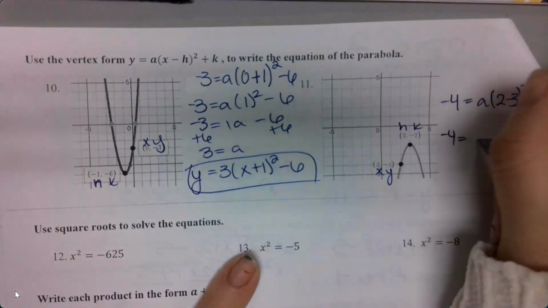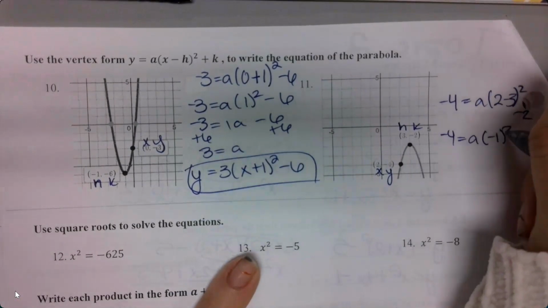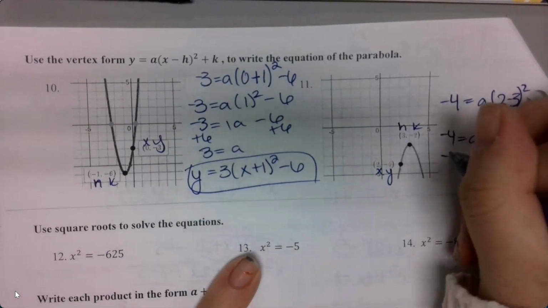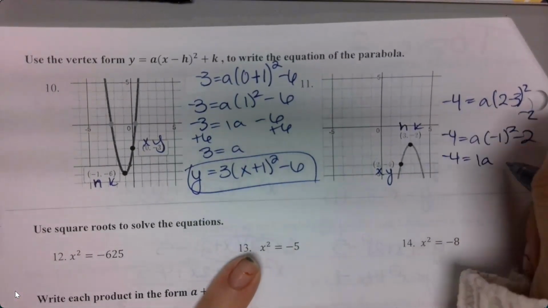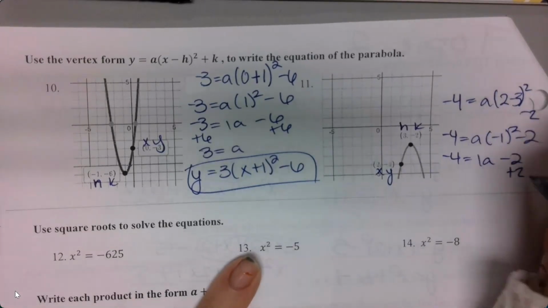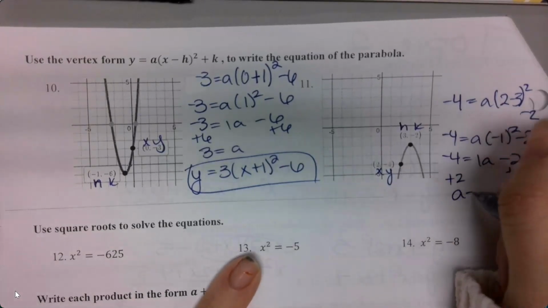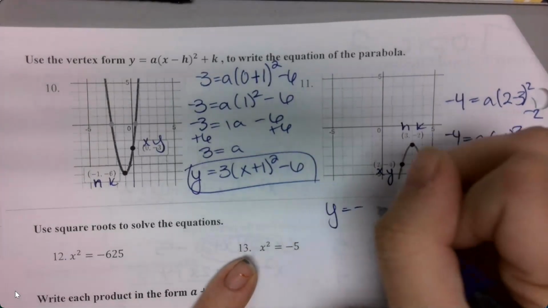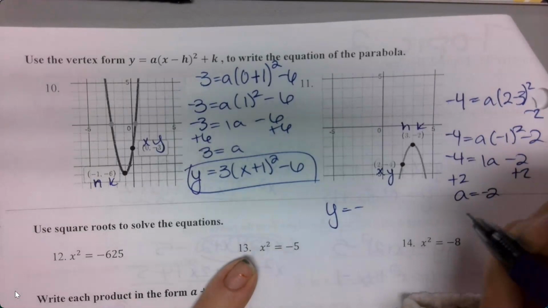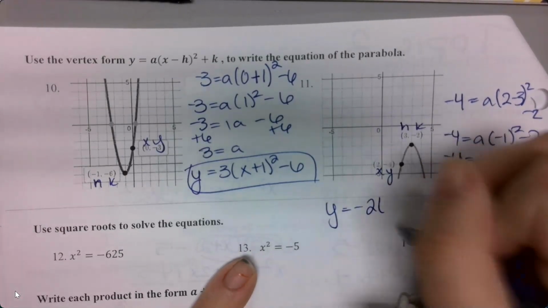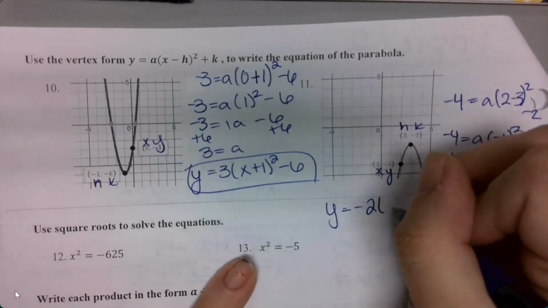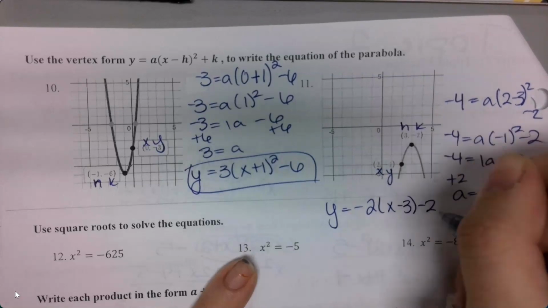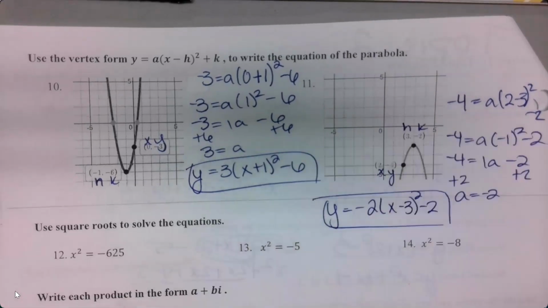I have -4 equals a times -1 squared minus 2. -1 squared is again 1. You want to add 2 to both sides. And I get a equals -2. Plugging in, I get y equals -2 times x minus 3 squared minus 2. And don't forget your squares on these.